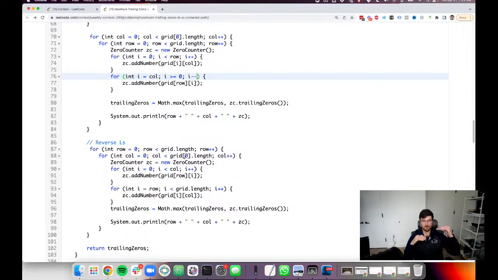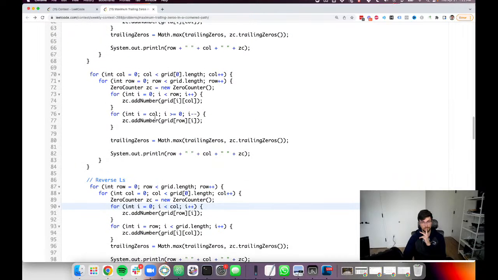And then with this, it becomes like an R shape essentially. So we iterate over the column first. Well, no. Did I do this one right?